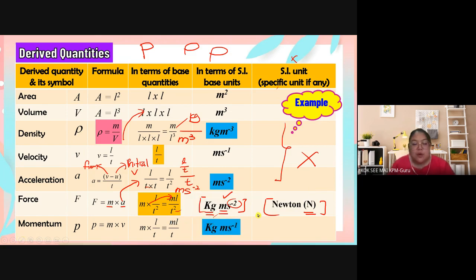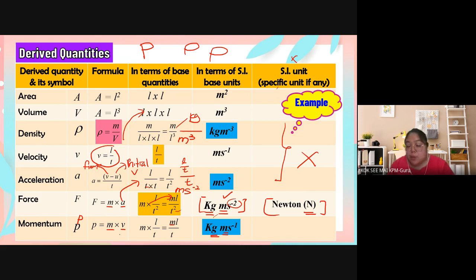Okay, so we're going to see the next one, momentum. Momentum is p. Mass multiply velocity. Mass is already basic, so you don't need to bother with it. Velocity is the one we had just now, L over T. So mass times L over T. M is kg, L meter over T, just one T, so s -1.